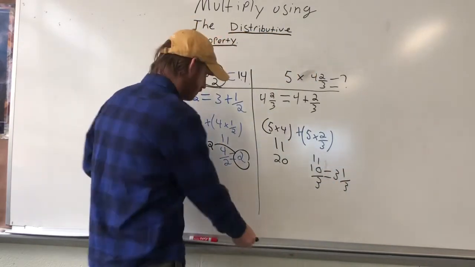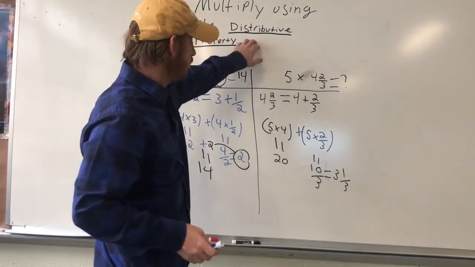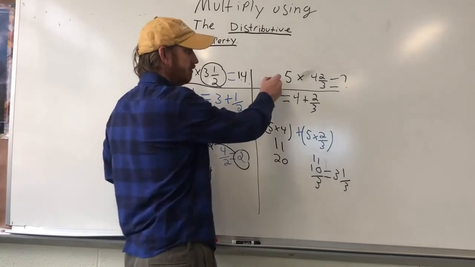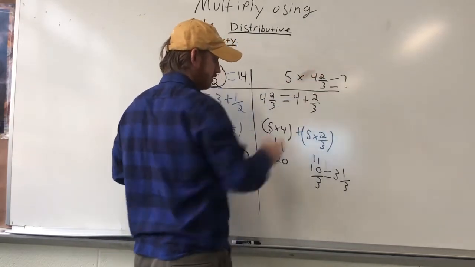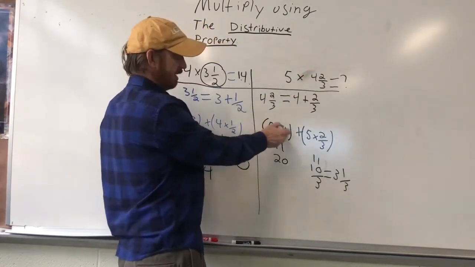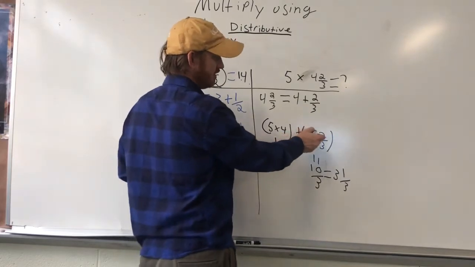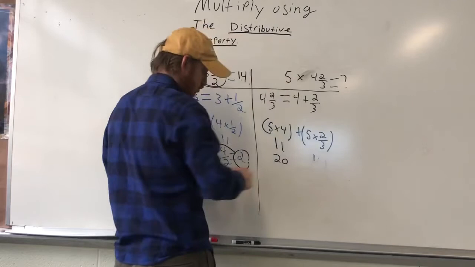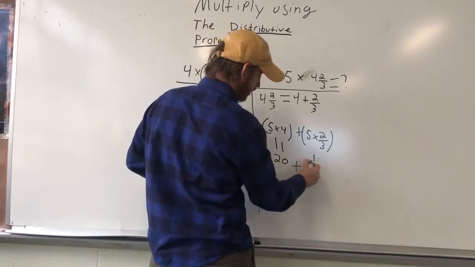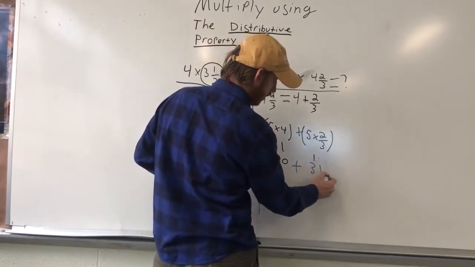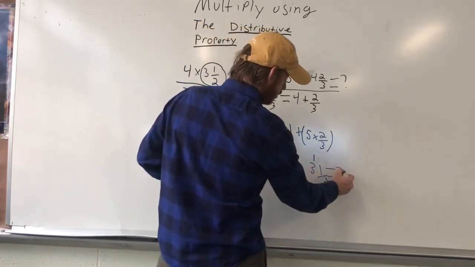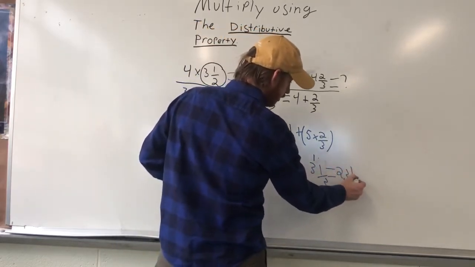So now, using the distributive property, I've changed my equation from 5 times 4 2/3 to 5 times 4 plus 5 times 2 over 3. And that gives us 20 plus 3 1/3, which then equals 23 1/3.